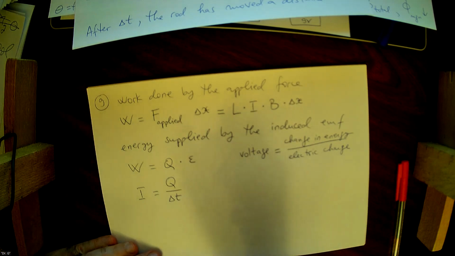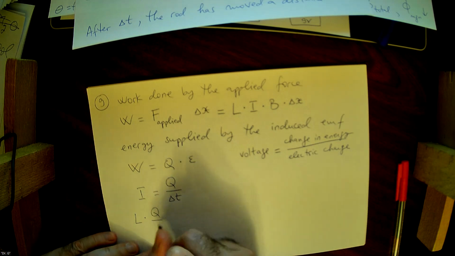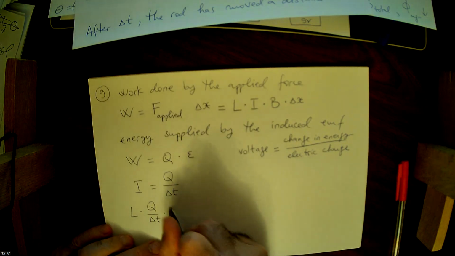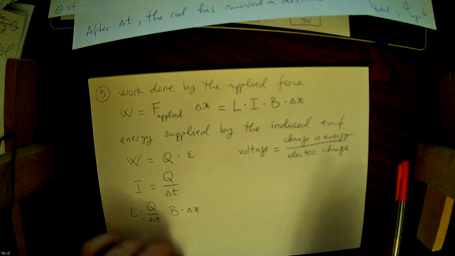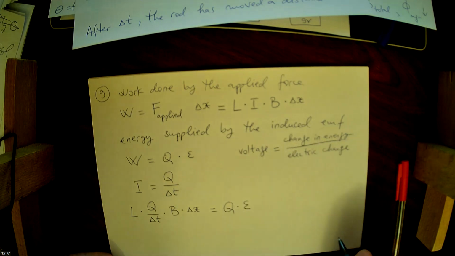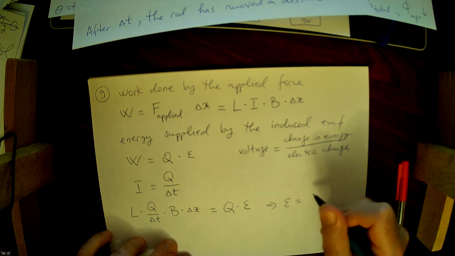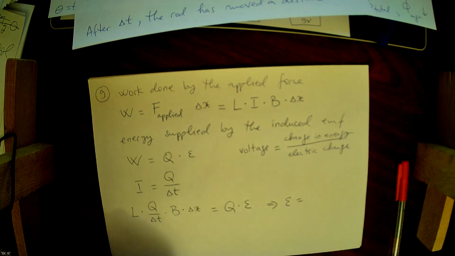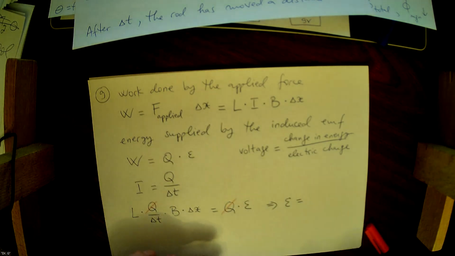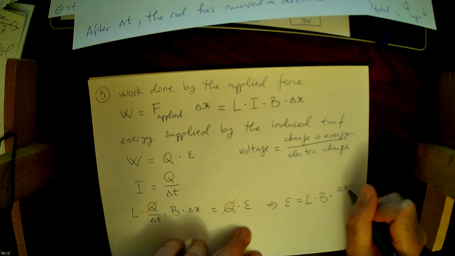So I can write L times Q over delta t times B times delta x is equal to Q times E, and again, the induced EMF turns out to be, the electric charge cancels, so I get L times B times delta x over delta t.